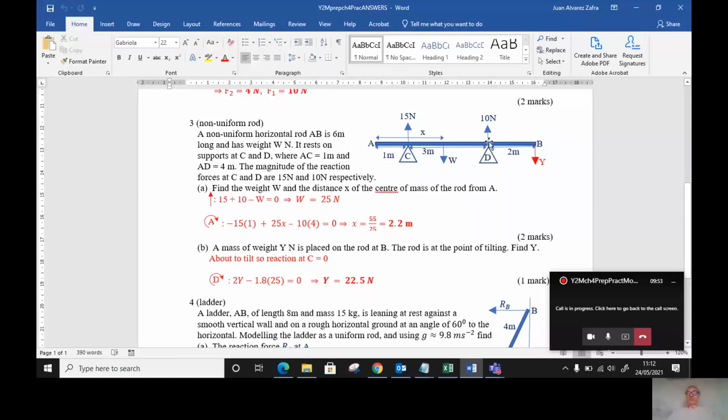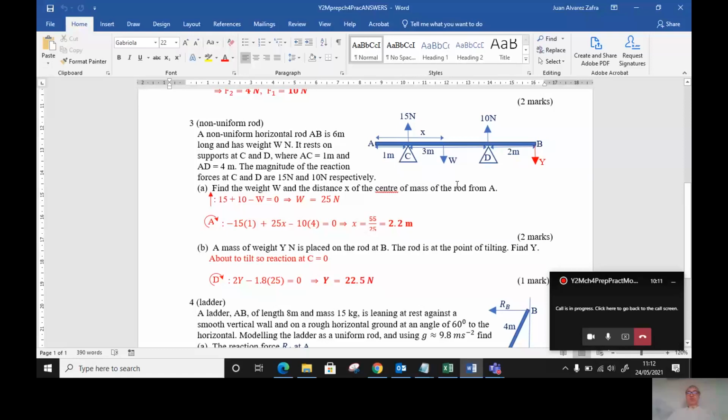In fact, probably a bigger force as we push down in here, but it will tilt about D, and the contact at C, when it's about to tilt, will be lost. Okay, so the reaction force here will be 0, and then there will be a bigger reaction force here.